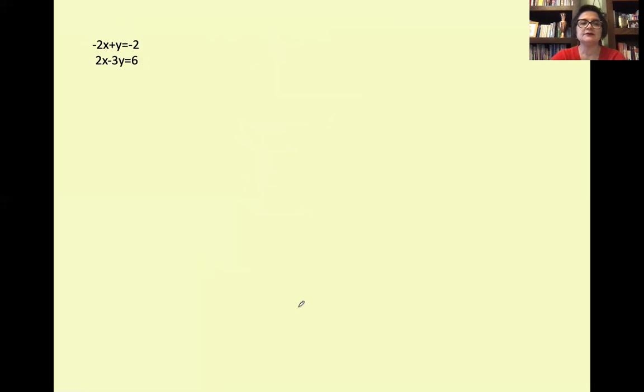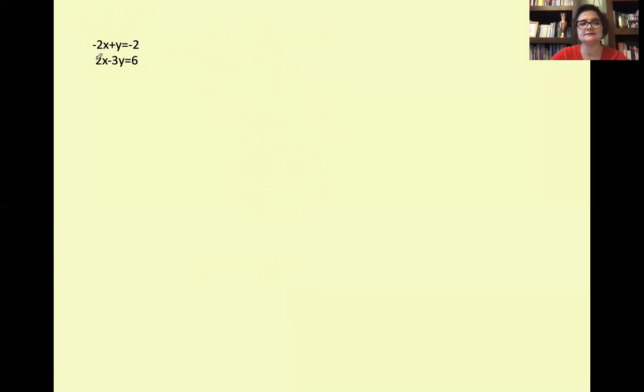Okay, now this is something that you can work independently. I see here both x and y's have negative signs, but the x's both have the same coefficient, minus 2, minus 2. You can change the minus 2x here to plus 2x by multiplying every single term by minus 1.